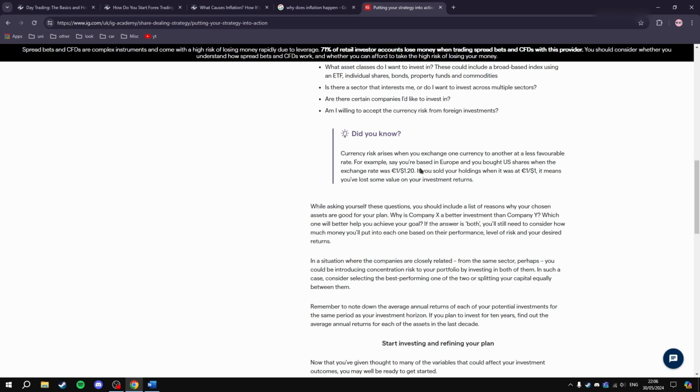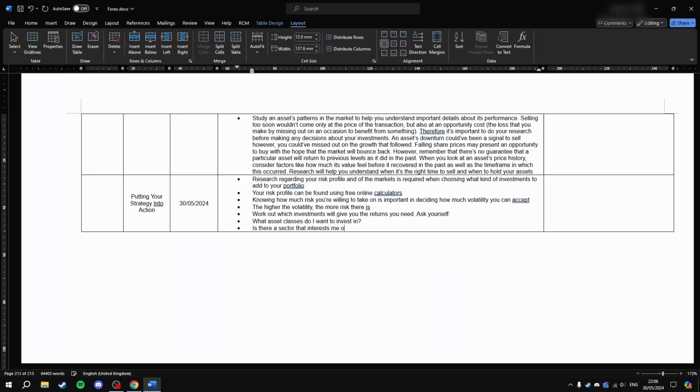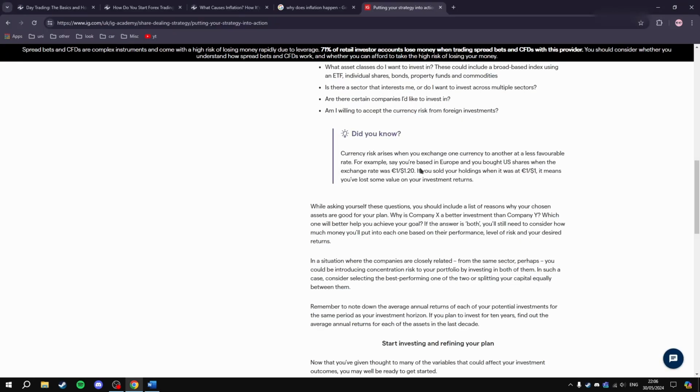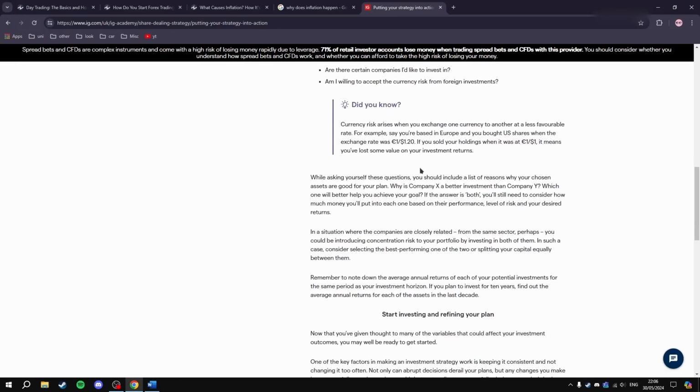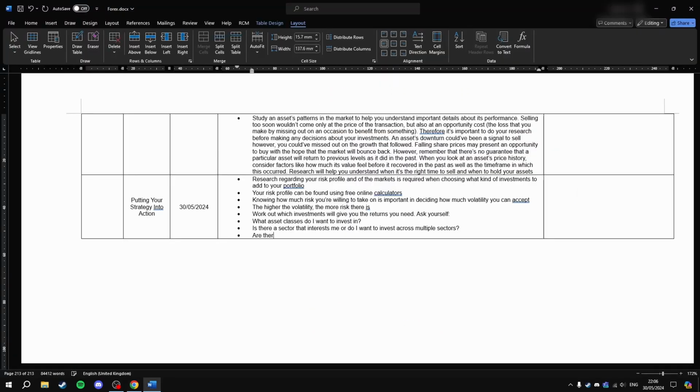Or do I want to invest across multiple sectors? Are there certain companies I would like to invest in?